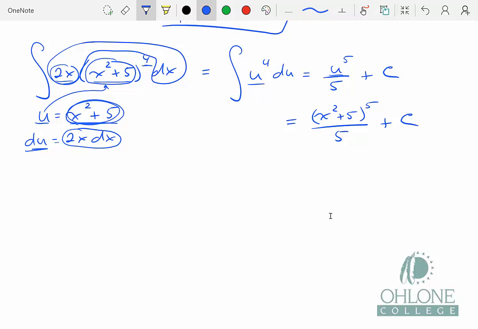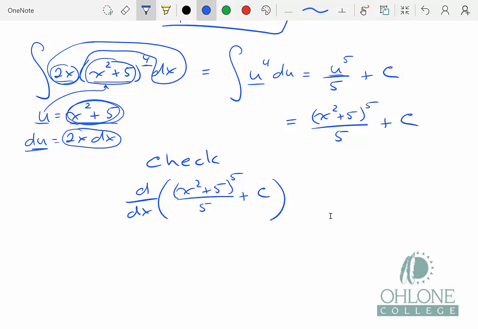As usual, I can check and make sure that this answer is correct. Let's do that. If I take the derivative with respect to x of my integral, x squared plus 5 raised to the 5th power divided by 5 plus c, clearly the c is going to go to 0. Now, this is the chain rule, so I would bring the 5 in front, so that would be 5 times x squared plus 5 raised to the 4th power, all divided by this 5 here.